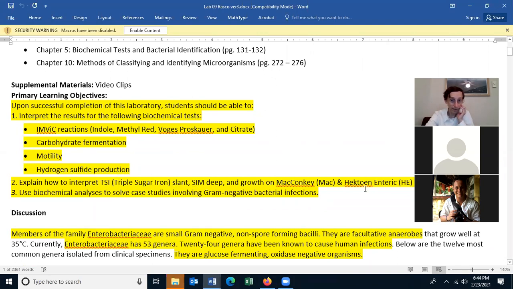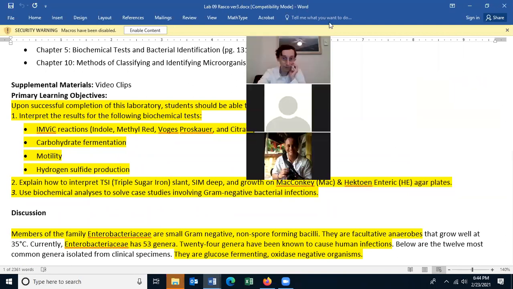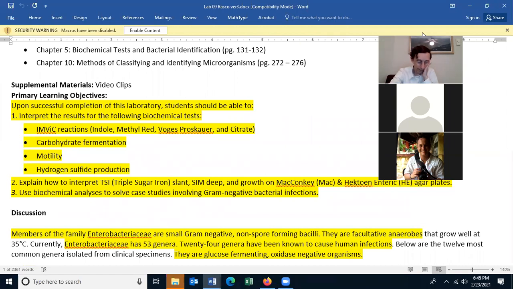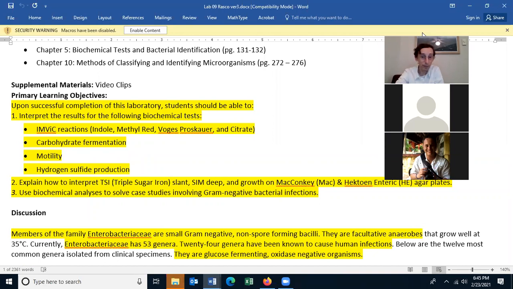And then growth on MacConkey's and HE, or Hektoen enteric agar plates. They're used to look for lactose fermentation of gram-negatives, meaning both of these are selective and differential media that grow gram-negatives, and then you can distinguish between those that ferment the sugar lactose from those that do not.